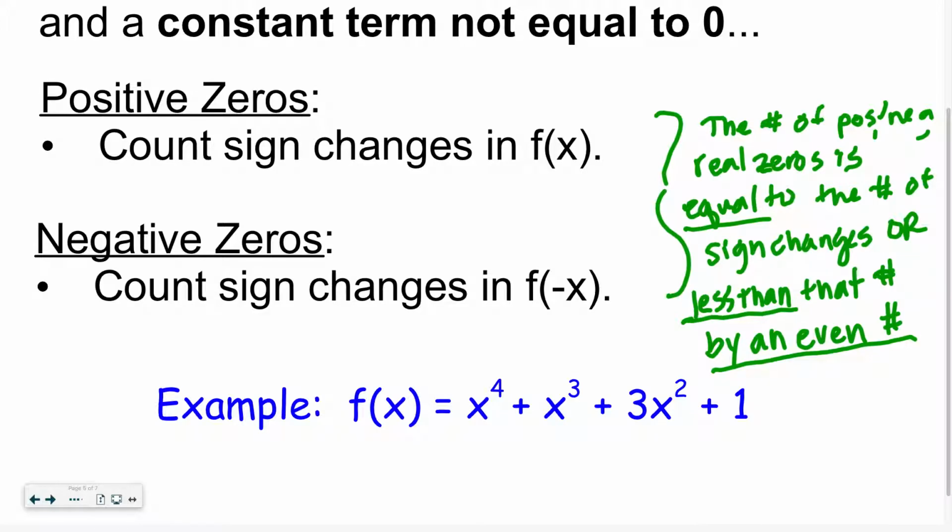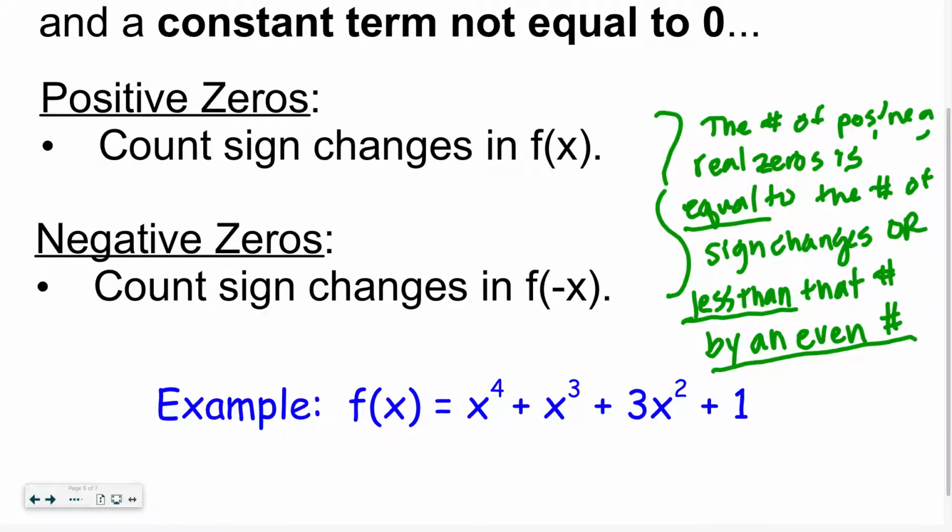The number of positive or negative real zeros is going to be equal to the number of sign changes that you counted, or it's going to be less than that number by an even number. That's because if some of your zeros aren't real, they're imaginary, we wouldn't count those as positive or negative. And those imaginaries are always going to come in pairs, so that takes away 2 positive or 2 negative zeros each time.